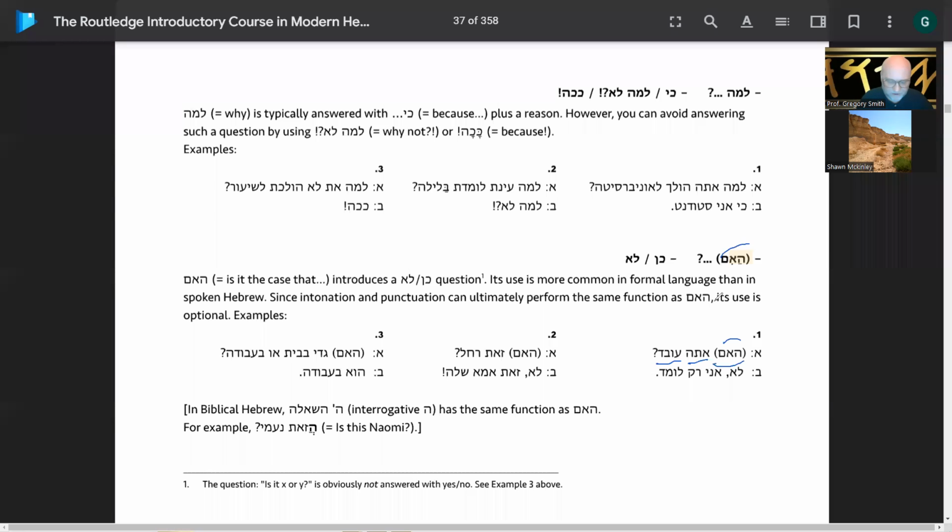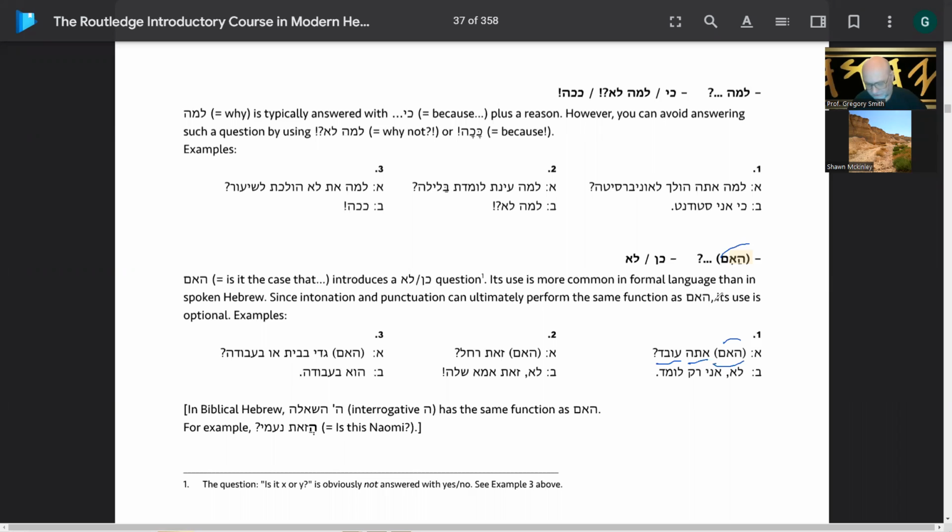I think that oved is, but let me double check that. Okay, yeah. So an employee. Is it the case that you are an employee?